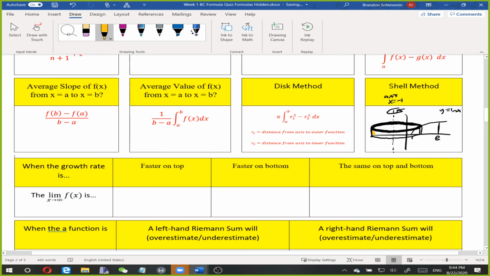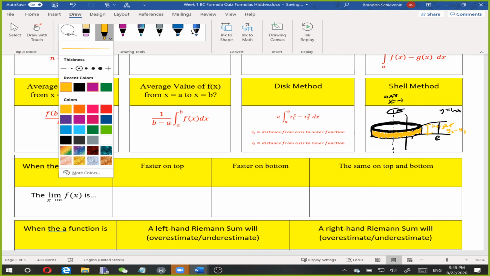Okay, then I've got a side that's facing us that looks like this. So from the top to the bottom is our height, which is really our difference in our y values. So that's y2 minus y1 of our two functions. In this case, the natural log of x and 0 were our bounds.